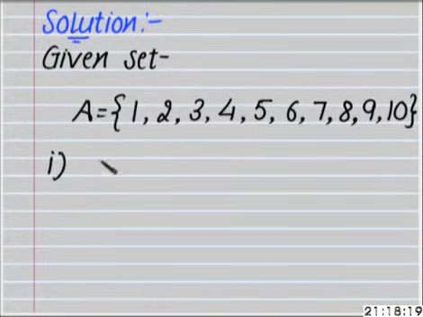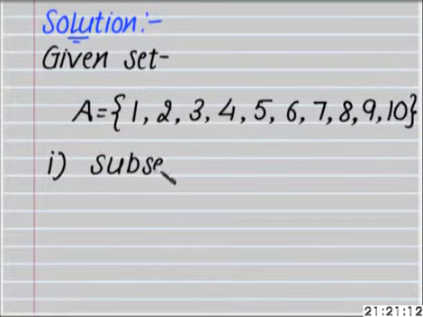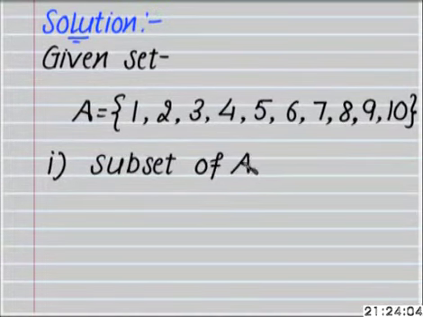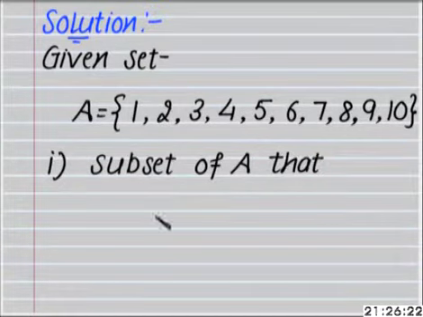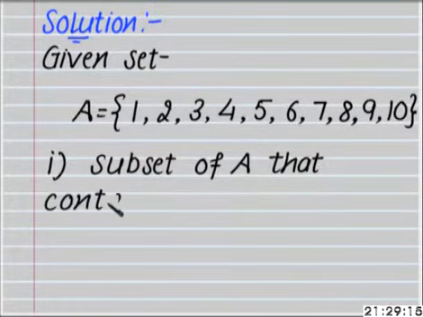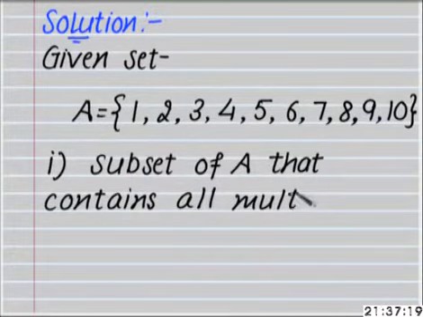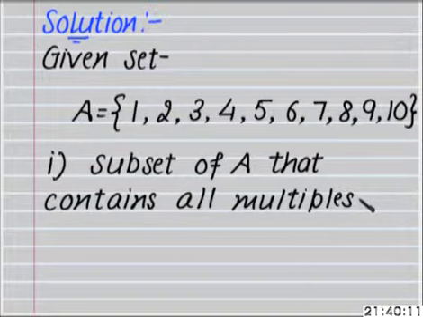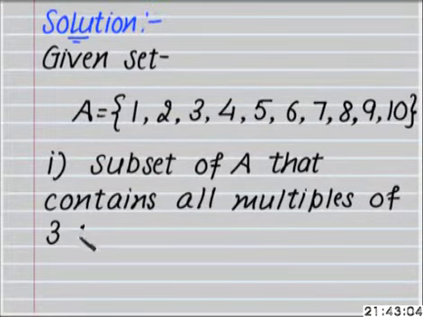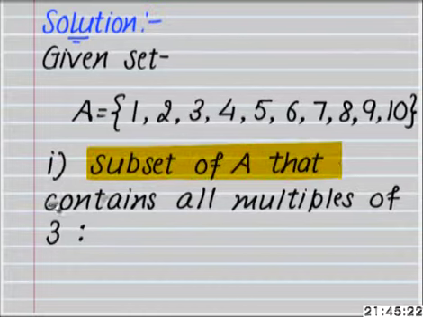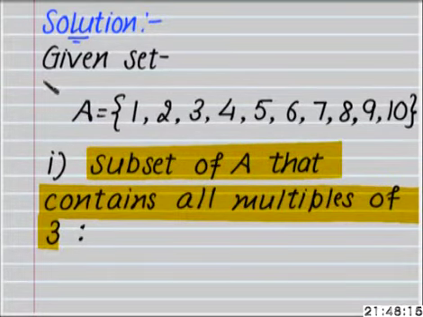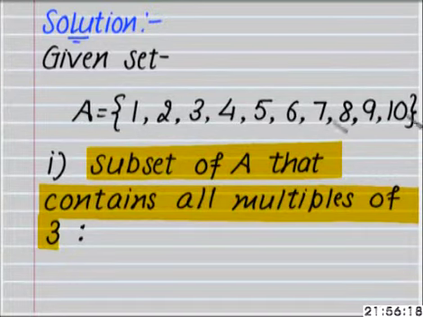Now first, subset of set A that contains all multiples of 3. So first of all we will find out all the multiples of 3 which lies between 1 and 10.